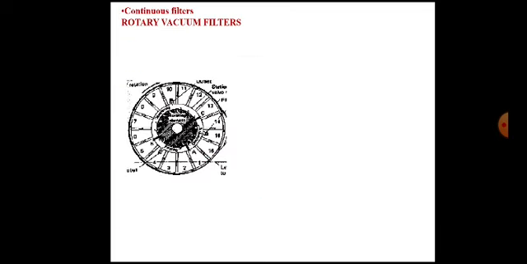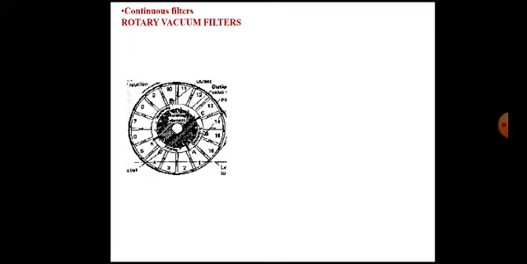Then the other category of filters is continuous filters. A more popular continuous filter, which is frequently used in the industries, is the rotary vacuum filter. As the name indicates, here there is use of negative pressure, that is vacuum, and it is rotary.